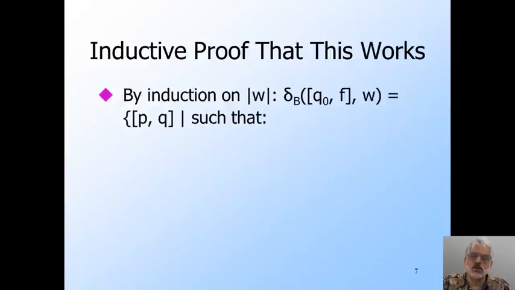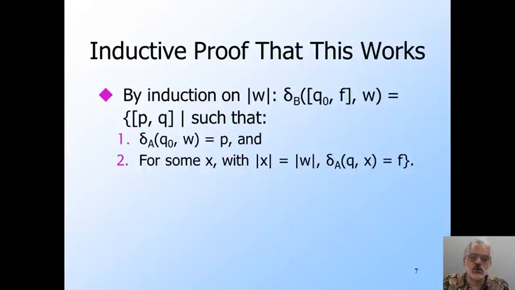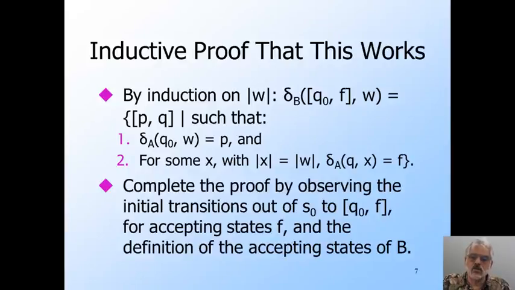The inductive hypothesis, which we prove by induction on the length of input W, is that B goes on input W from one of its states Q0F, where Q0 is the start state of A and F is one of A's accepting states, to all those states PQ such that A goes from Q0 to P on input W, and A also goes from Q to F on some input X of length equal to that of W. Once we have the inductive proof, we have only to observe how B makes epsilon transitions from its own start state to each of the states Q0F, and that B's accepting states are the ones with the same state of A for both components.